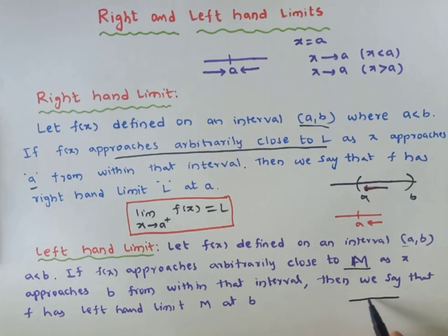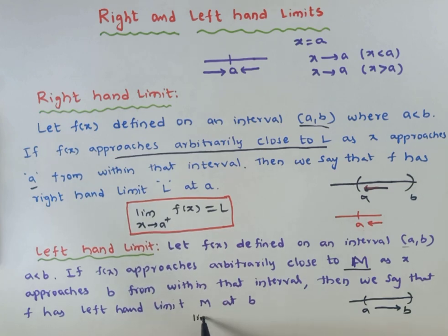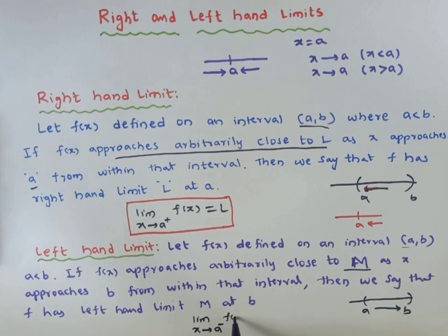Let us consider the open interval on the real line, that is (a, b). The values of x approach b from the left hand side, then f of x approaches some limit m. In this case we can express this as the limit as x tends to b minus of f of x is m.